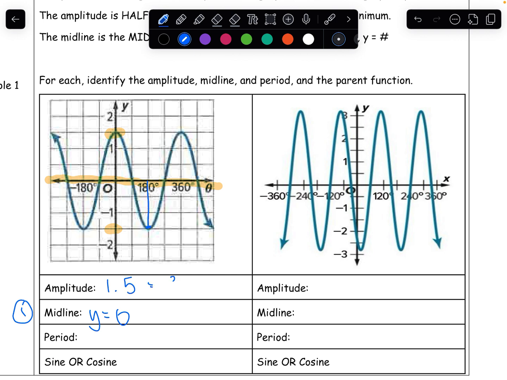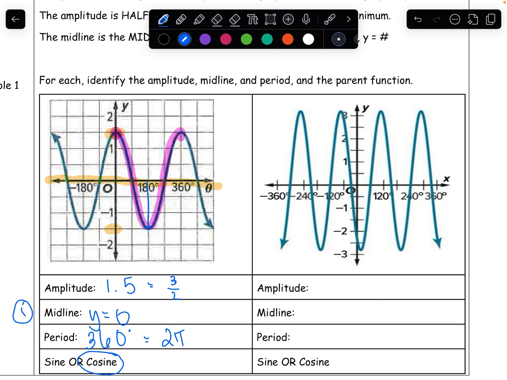We can also write this as a fraction, because sometimes we'll see it as a fraction. So 3/2. And now your period. Now this is where I really want you to take out your highlighter. We're going to highlight starting from our y-axis until we complete one full cycle. Our period is 360 degrees, which is the same thing as 2 pi. Now, it's creating that U shape, which tells us it's going to be a cosine graph.